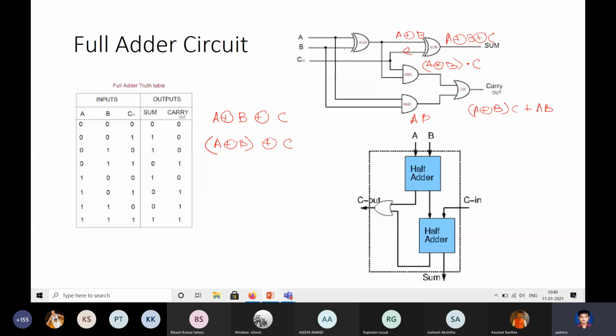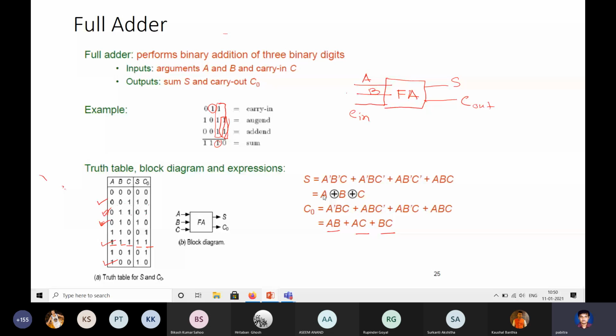See, I could have done this entire thing by a much larger circuit. I could have represented this by 4 3-input AND gates and 3 2-input OR gates.